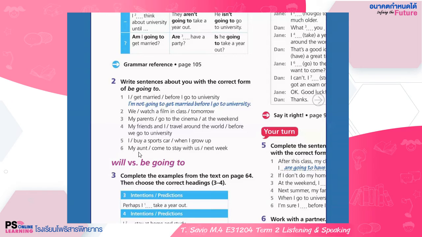The sections, my aunt come to stay with us next week. Affirmative form will be, my aunt is going to come to stay with us next week. And the negative form, my aunt isn't going to come to stay with us next week.